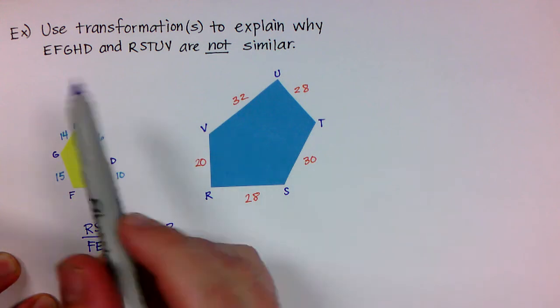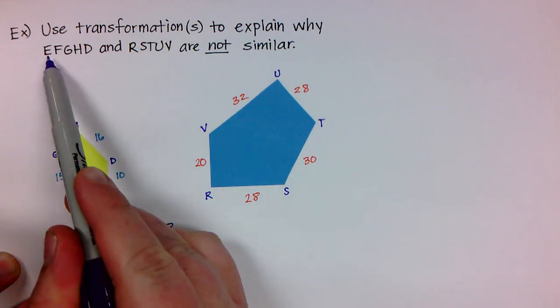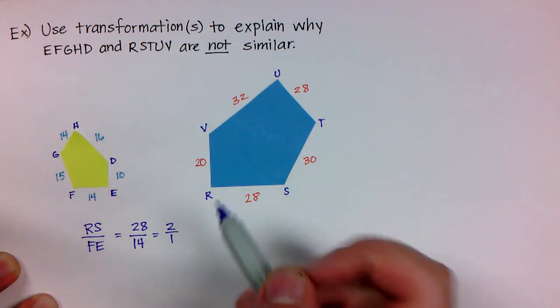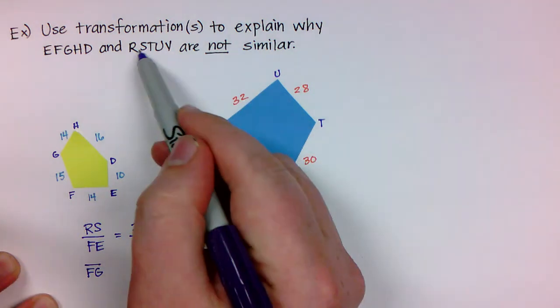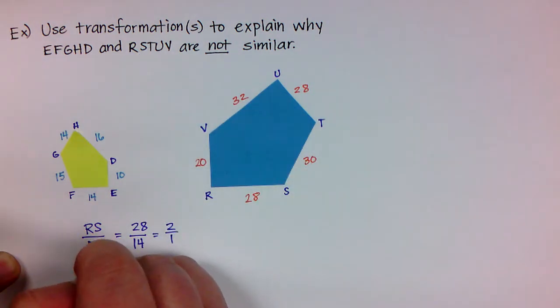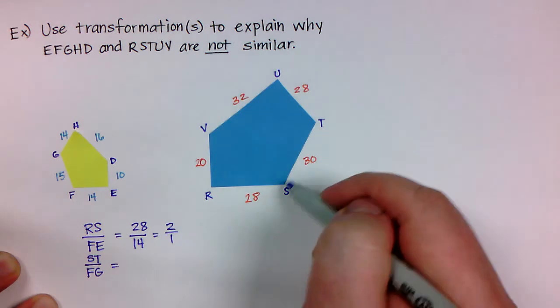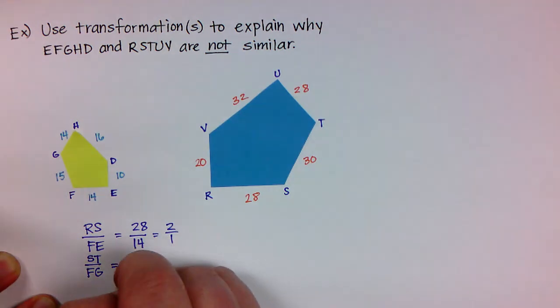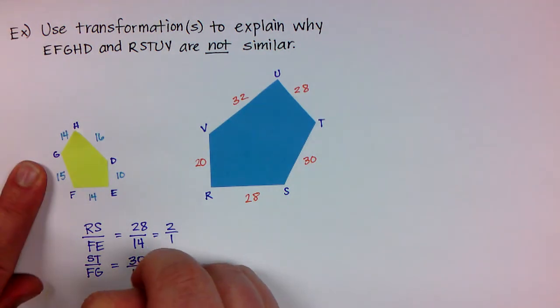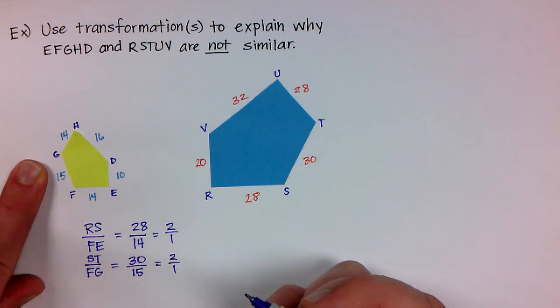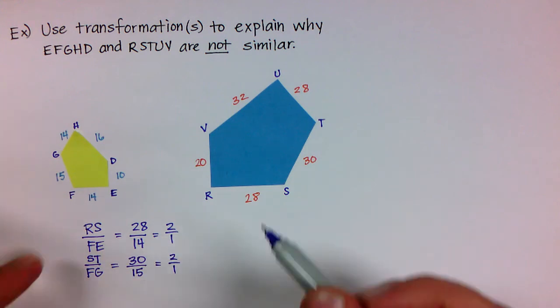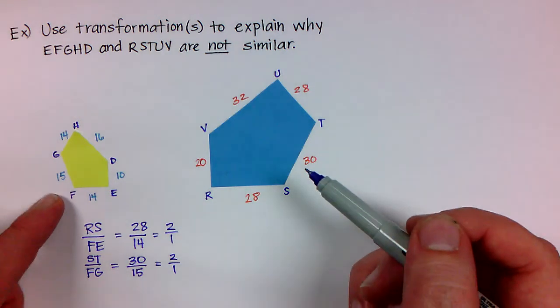Okay, so then the next sides that we're going to compare, so that was FE, let's compare FG, and that should be on the bottom, to ST. So ST is 30 and FG is 15, and again this is 2/1. Okay, so it looks like those are the same, so it might be somewhere else.